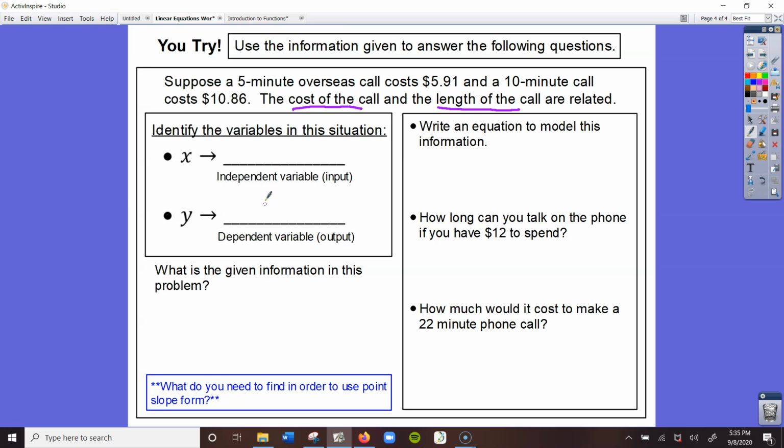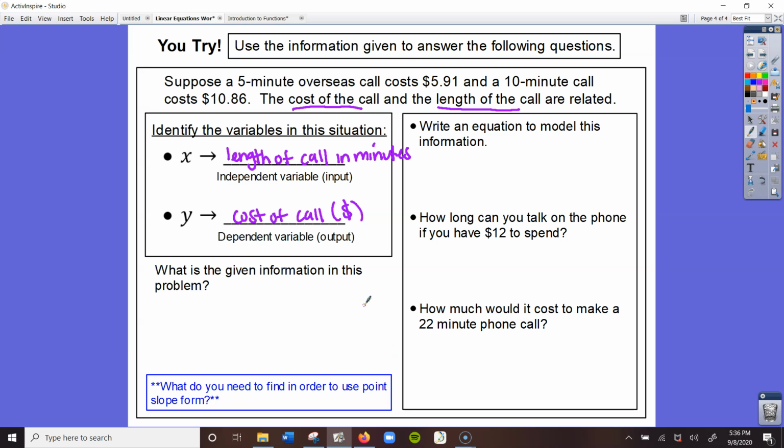Therefore, the independent variable is going to be the length of call. And as you can see from the 2 scenarios that were given, the length of calls is in minutes. Our dependent variable is affected by the length of the call, which would be the cost of the call, which is obviously in dollars.